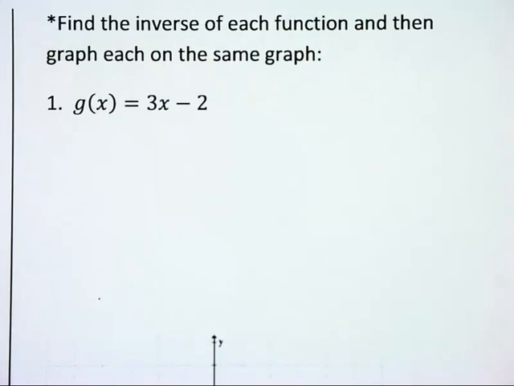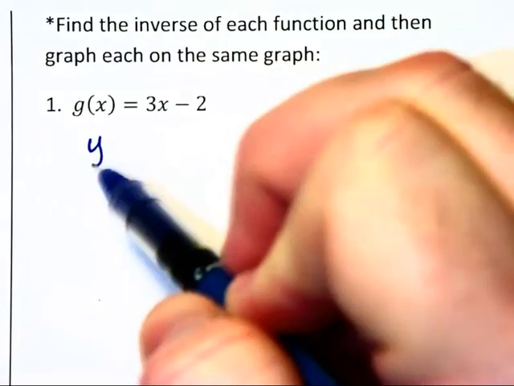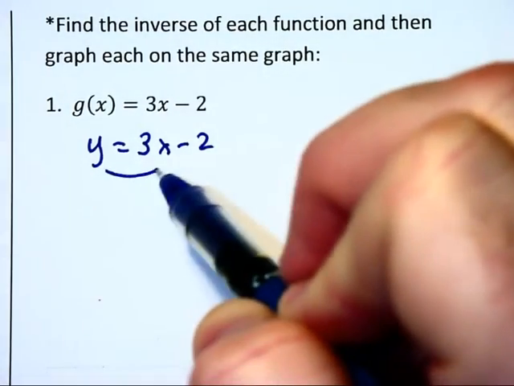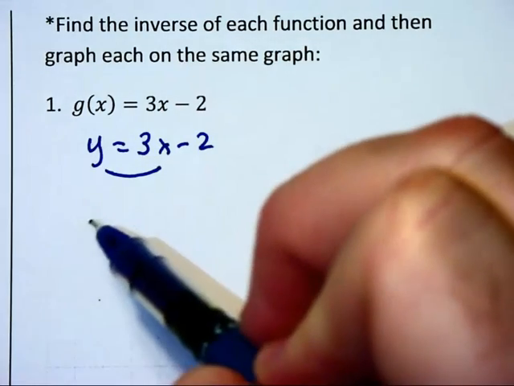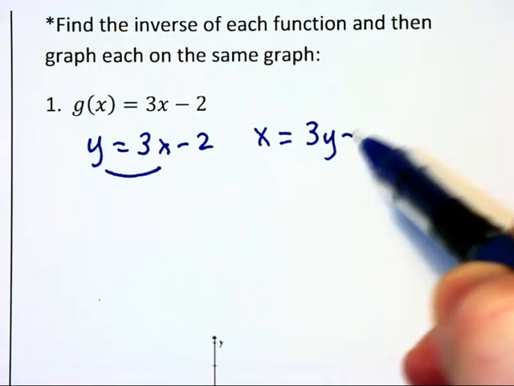For this next problem, they want us to find the inverse, and we've got the equation. So I'm going to rewrite this as y equals 3x minus 2. And our first step is to switch the x and the y. Rewrite this as x equals 3y minus 2.